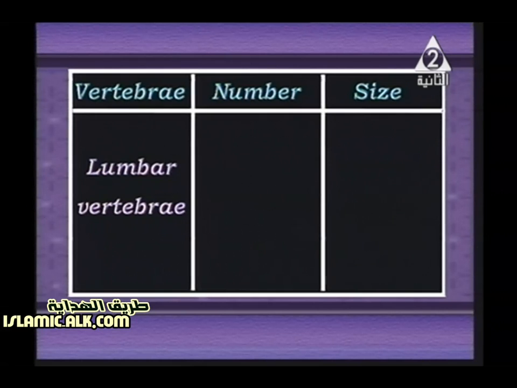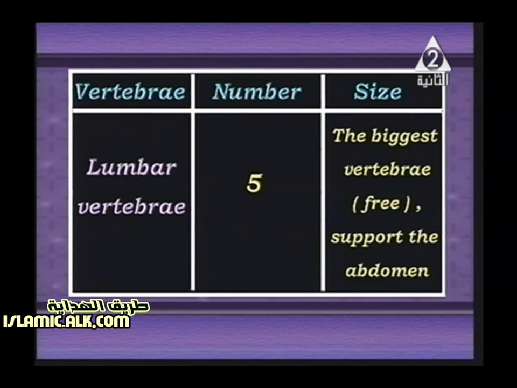The third type that we have is the lumbar vertebrae. Lumbar means they face the abdomen, the important organs inside your body. They are 5 lumbar vertebrae, the largest, the biggest vertebrae, and they support the abdomen, I mean the important organs inside your body.